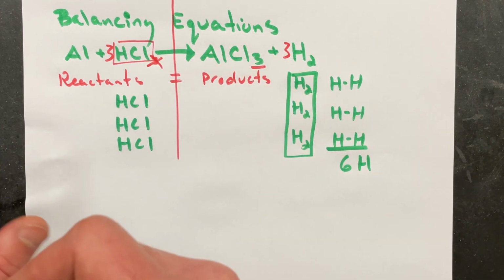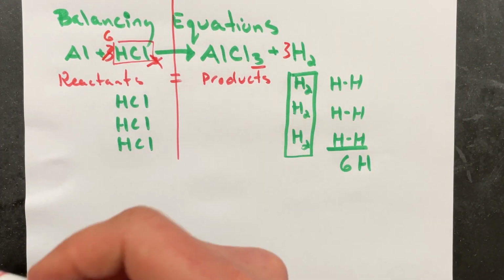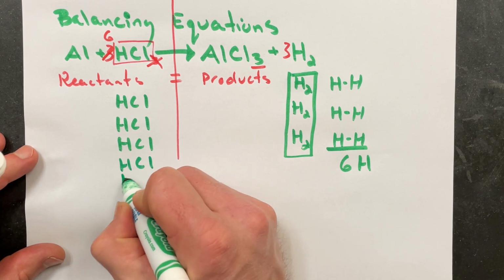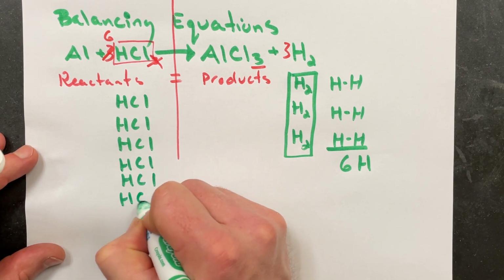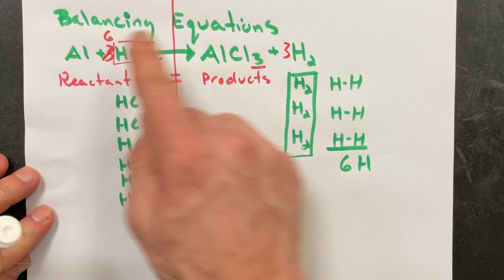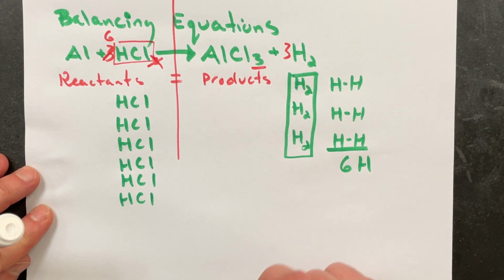So let's cross out this 3 and make it a 6. So now we have HCl, and we need 3 more HCl. There's 4, 5, and 6. So that gives me 6 hydrogens, and 2 times 3 is 6 hydrogens, which we saw when we diagrammed that.